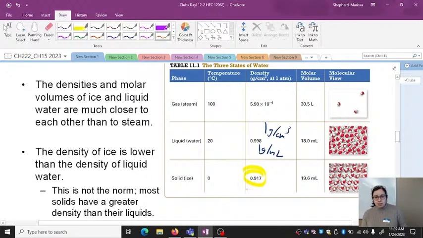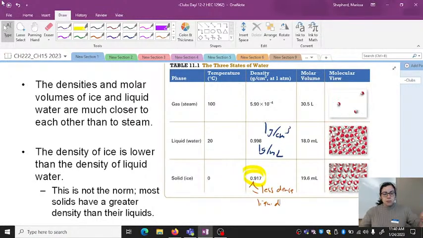This is not the norm. It's less dense than the liquid. Water takes a tetrahedral solid state structure, and so it ends up taking up more space. Let's pull up a picture.